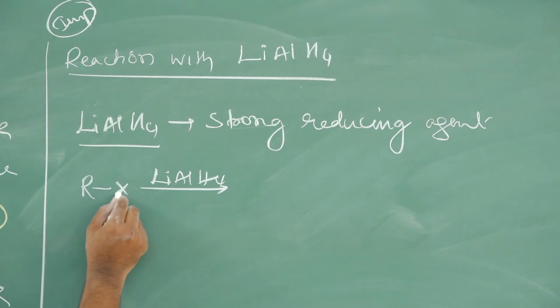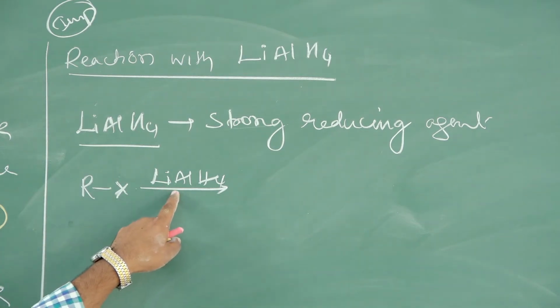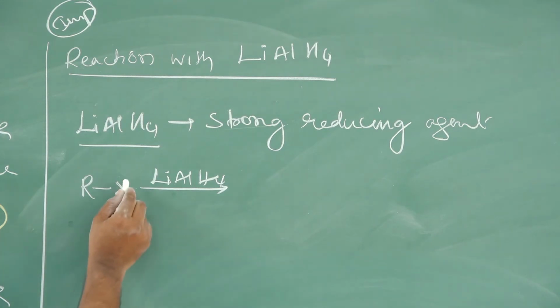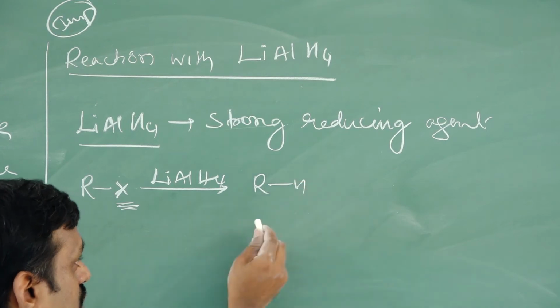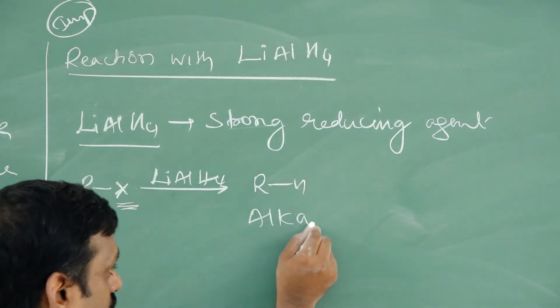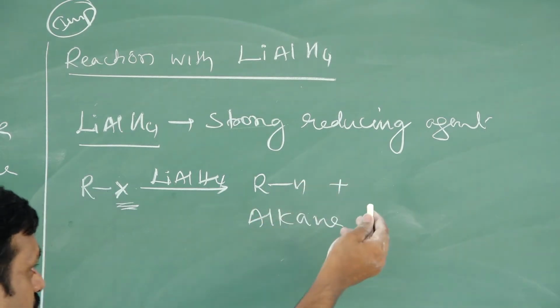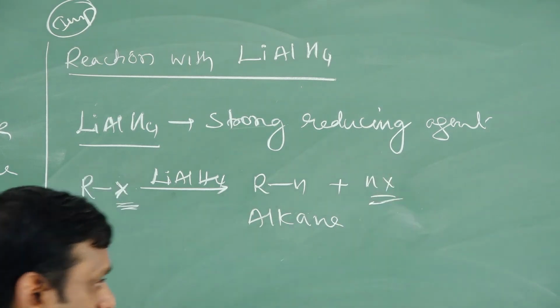Students, remember here, when alkyl halide is treated with lithium aluminium hydride, this X is replaced with hydrogen. It means you will get alkane. The corresponding alkanes are the product, and of course you will get HX.